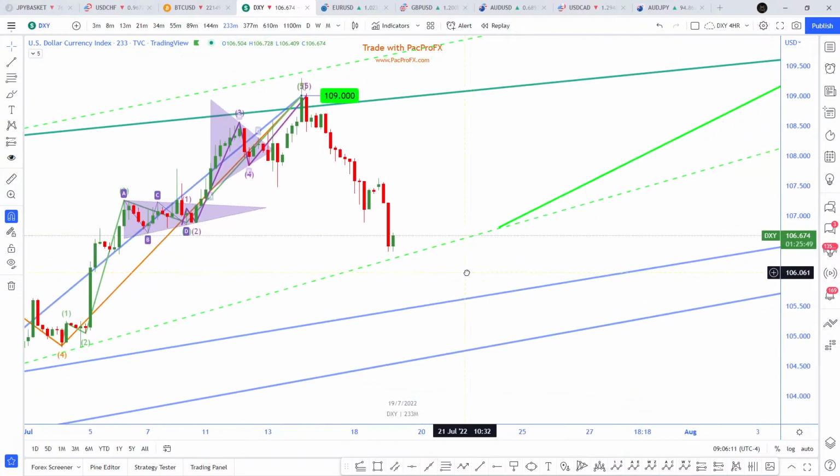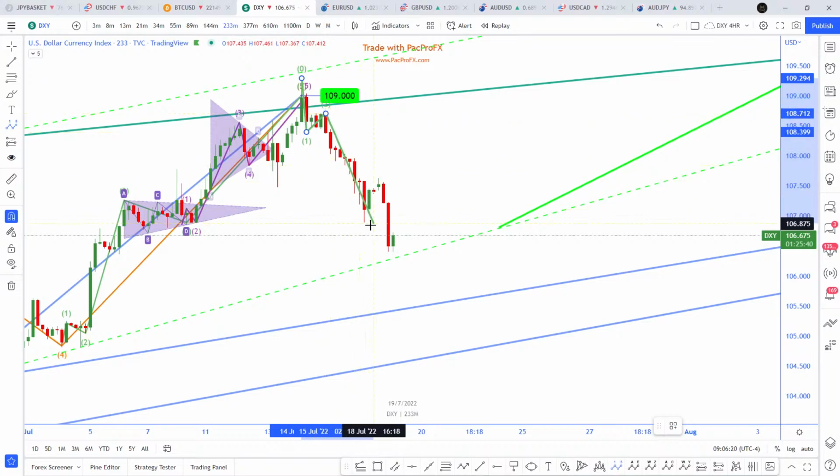So let's correct that. The pairs can correct in different ways. They can correct in 5 waves. They can correct in an ABC pattern. What this might be is just a leg.